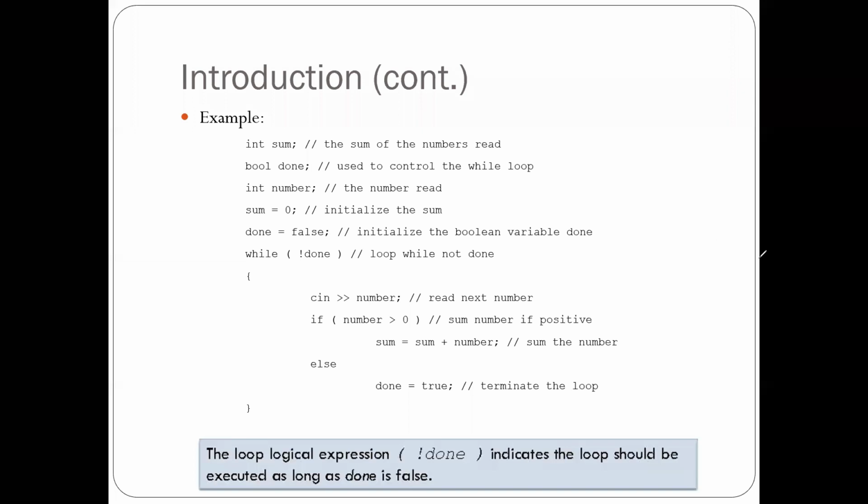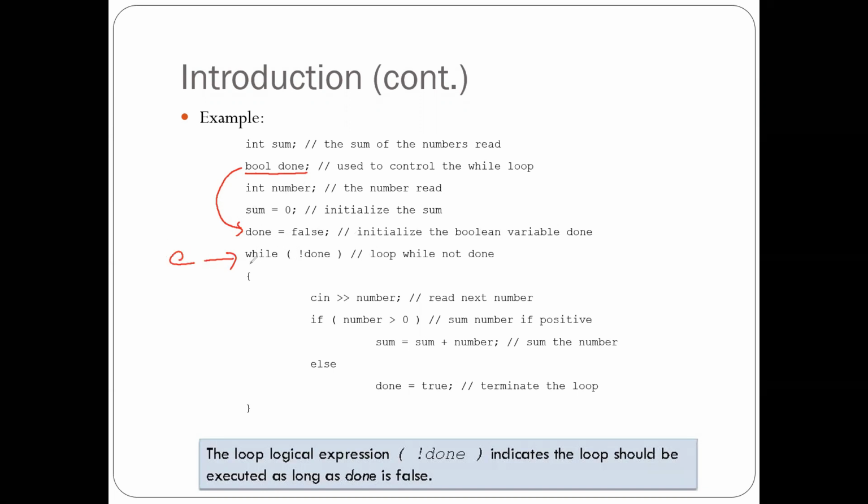It's easy. First, you should look at the initialization. This one is the initialization: bool done equal to false. Initialize the boolean variable done. And then this one is the E. How did you know this one is the E?